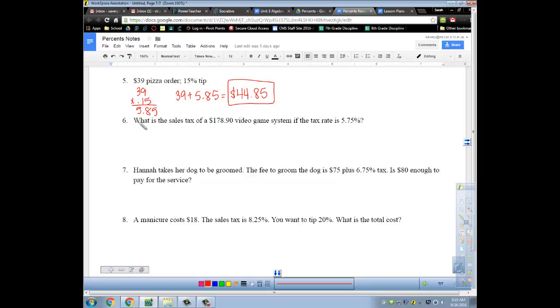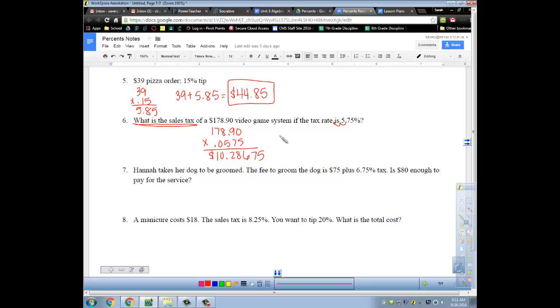Number 6, this question is asking for just the sales tax, so always pay attention to your question. We're buying a video game system that's $178.90, and we want to multiply it by this percent, so we're going to move that over twice. So we're going to actually multiply it by 0.0575. And that is about 10.28675 in your calculator.